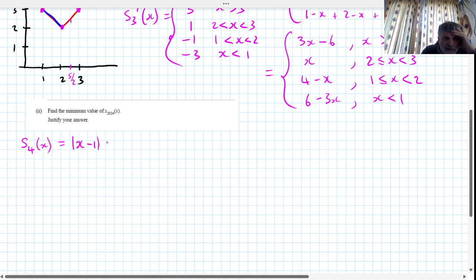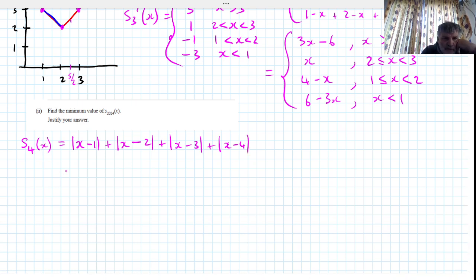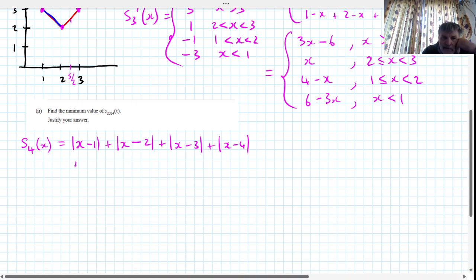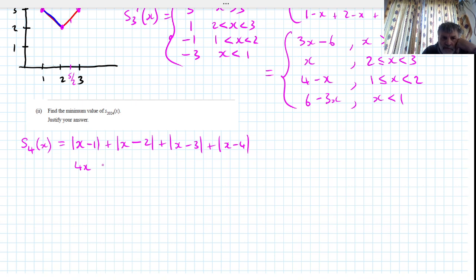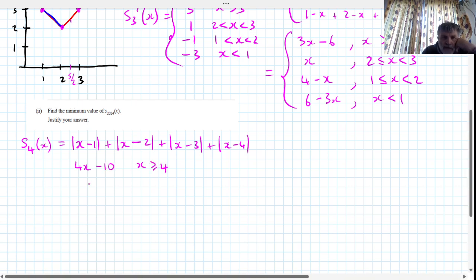So S4 is the absolute value of x minus 1 plus the absolute value of x minus 2 plus the absolute value of x minus 3 plus the absolute value of x minus 4. You can write all these things out as I did before, but you can see that if all of these are positive, we just add them all up. So we get 4x minus 1, 2, 3, and 3, 6, and 4 is 10, minus 10 for x bigger than or equal to 4.